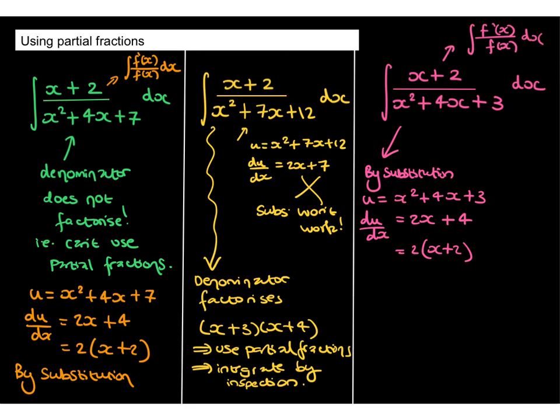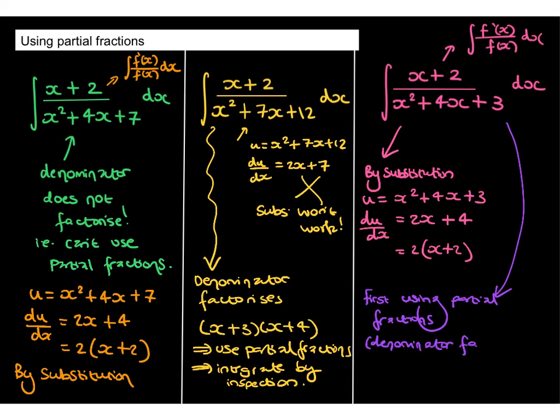However, we could also carry out this integral by first using partial fractions. And we can see that the denominator factorises. So it's always worth checking, does your denominator factorise? And does your denominator differentiate to a multiple of the numerator?